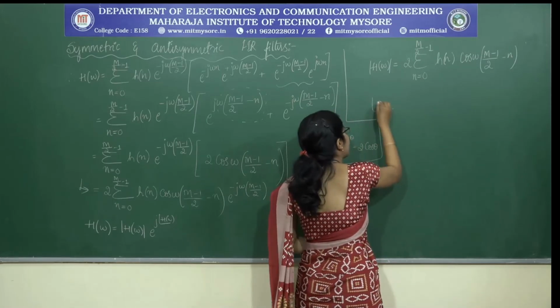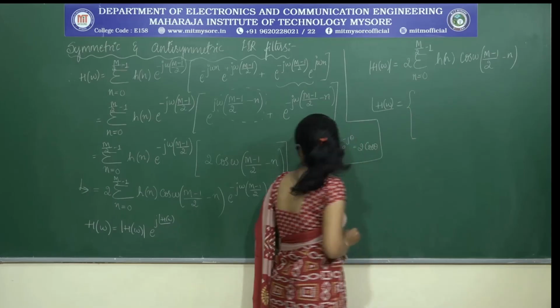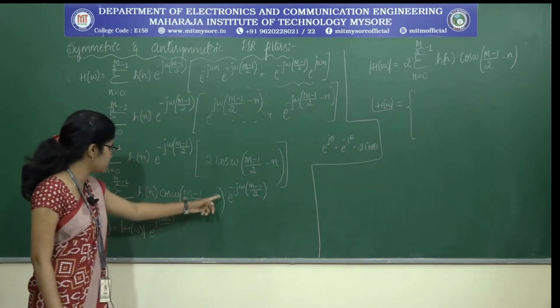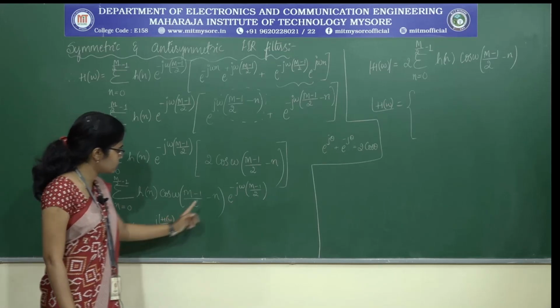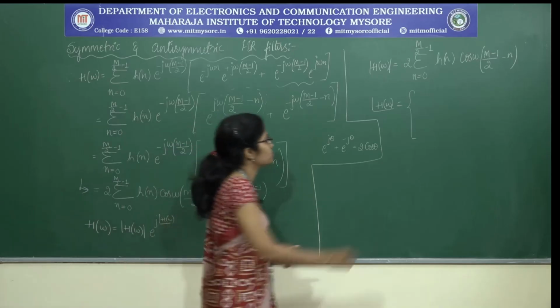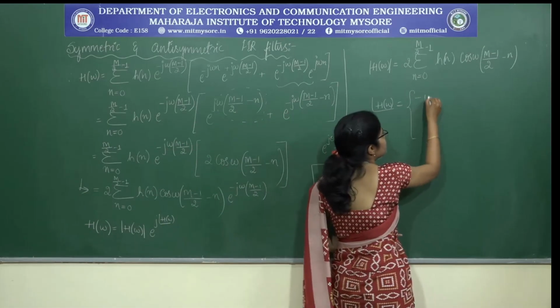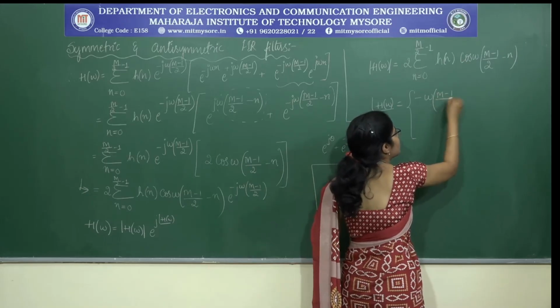Whereas the angle of h of omega will be equal to, if I compare these two terms, I have written this as my magnitude term. So in the exponential term, what is the angle? We have it as minus omega m minus 1 by 2.